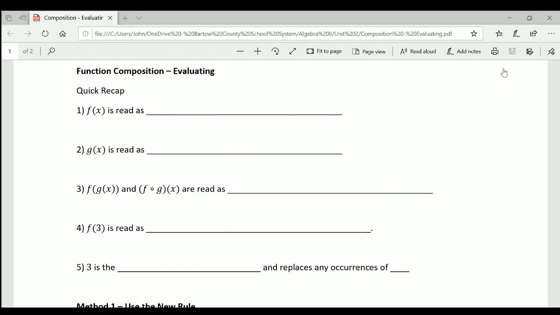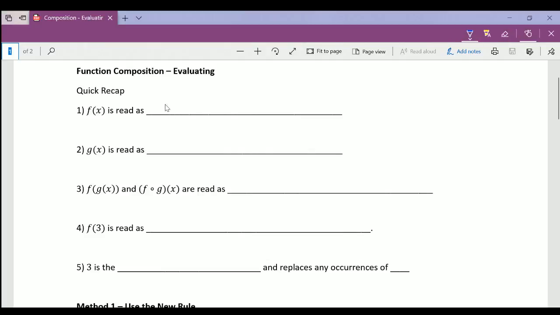All right, let's go ahead and start talking about this here. A quick recap of some vocabulary. This statement here is going to be read as f of x. This one here, if you remember, is going to be g of x.